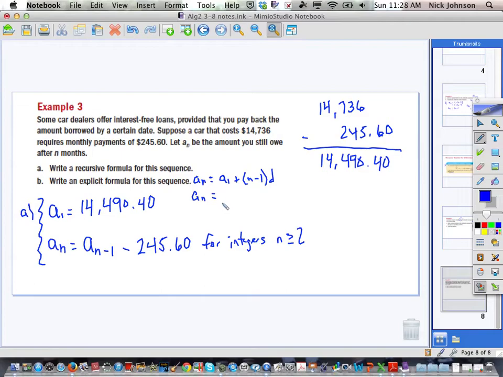My first term is $14,490.40 plus N minus 1 times D, and D is a negative 245.60. Okay? Why is this negative? Well, it's negative because we're going down. We don't owe more money. Okay? We don't owe more money.